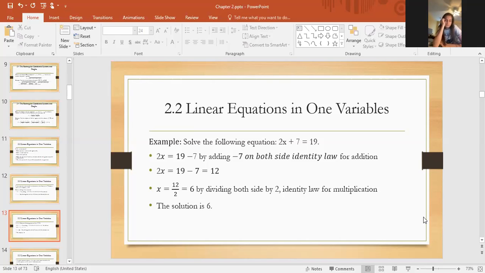So the solution to this linear equation is 6. Some people will say to add the opposite of the constant on both sides. That means add -7 to 7 and -7 to 19. This is aiming at having the variable on one side and the numbers on the other side.